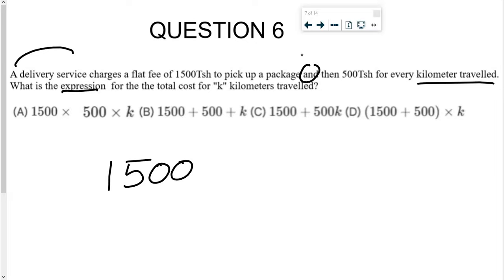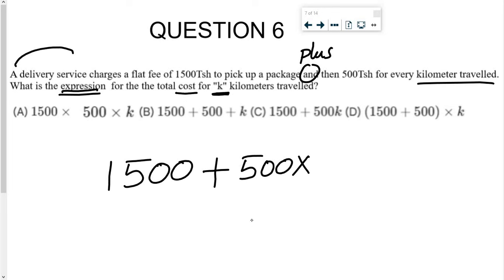And then, and means plus. And then 500 Tanzanian shilling for every kilometer traveled. What is the expression for the total cost for K kilometers?